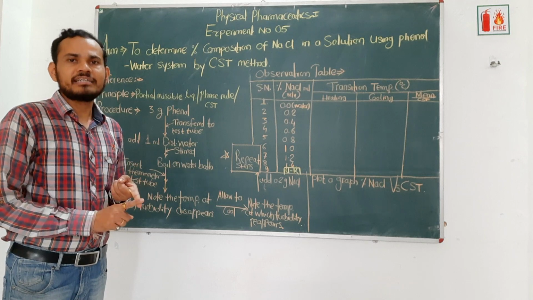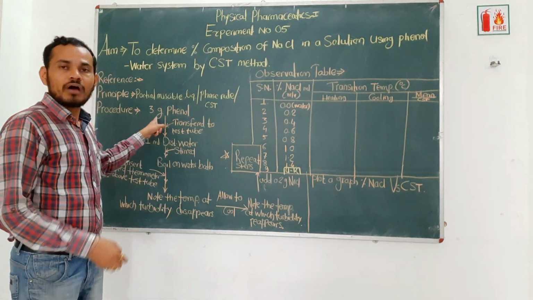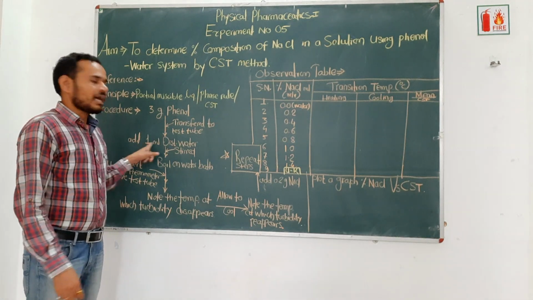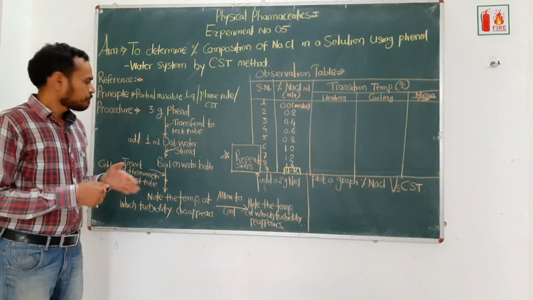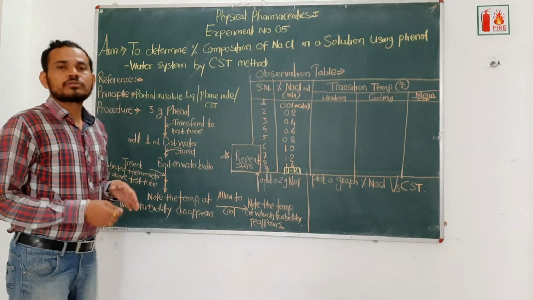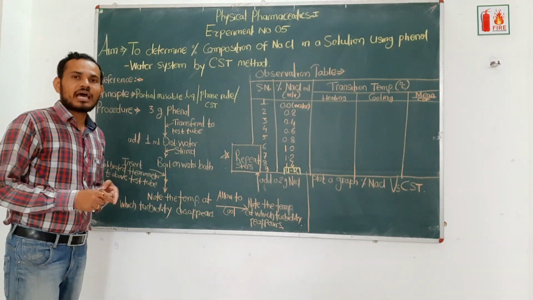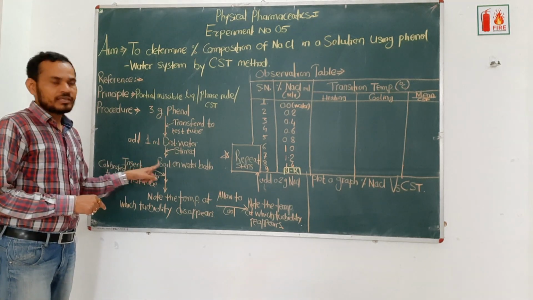We take a previously cleaned, dried boiling test tube and add 3 grams of phenol. To this we add 1 ml of distilled water. We stir it well and add a calibrated thermometer. After inserting the calibrated thermometer, we put this test tube in a boiling water bath.